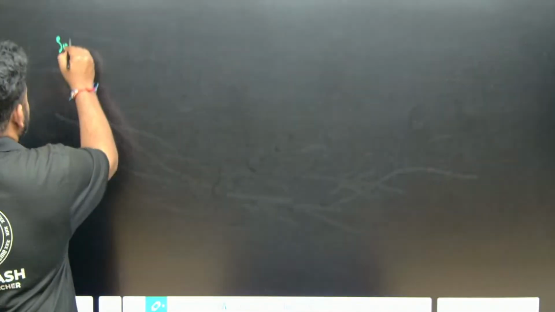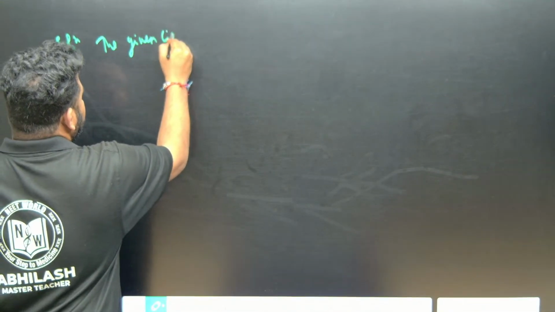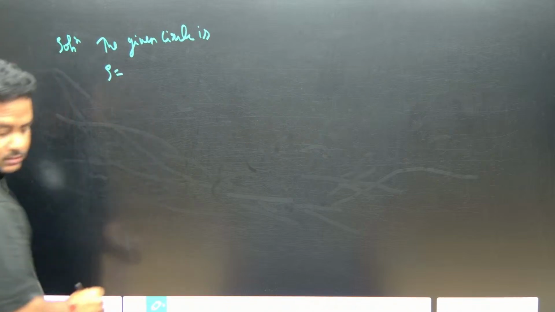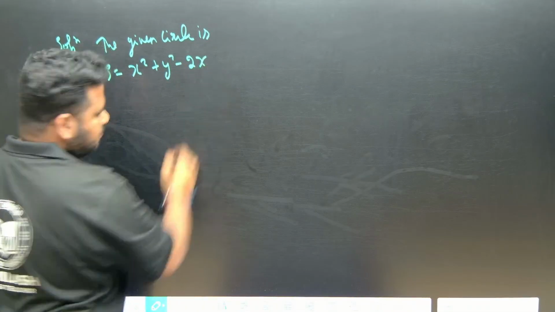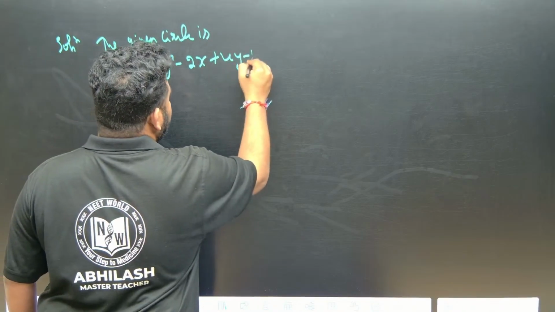See here, solution. The given circle is S equal to x square plus y square minus 2x plus 4y minus 11 is equal to 0.